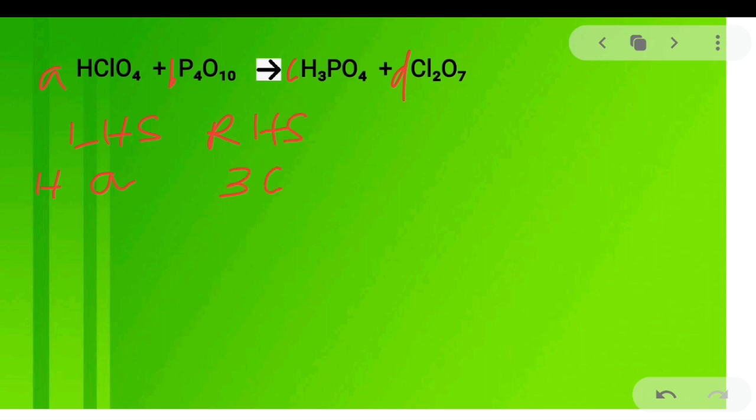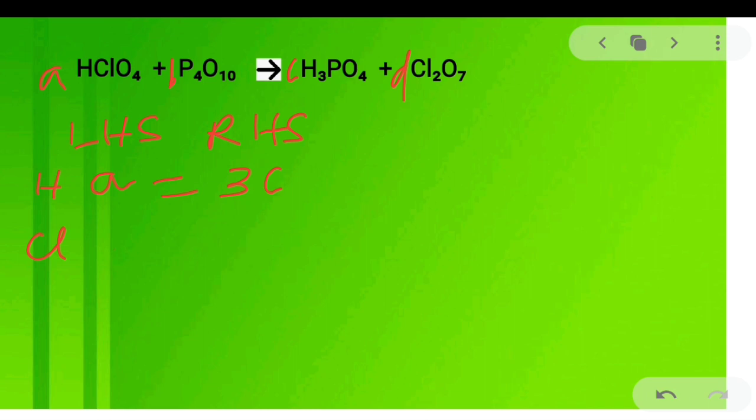So what expression will I get here? As we are assuming the equation is balanced, LHS is equal to RHS, so A is equal to 3C. This is the first expression. Next, let's see the chlorine.